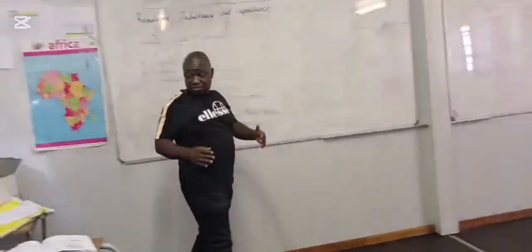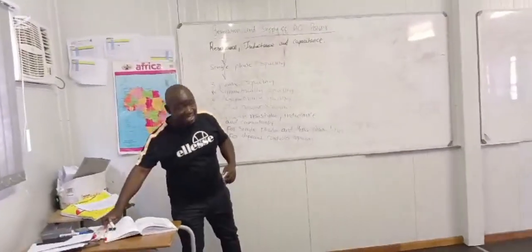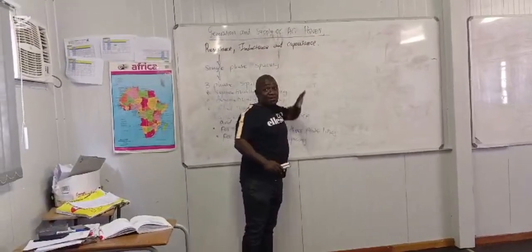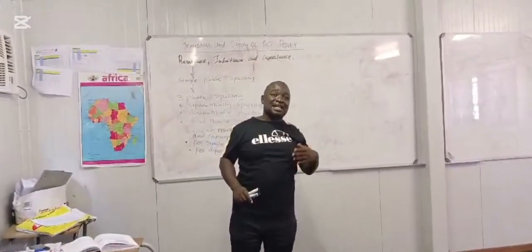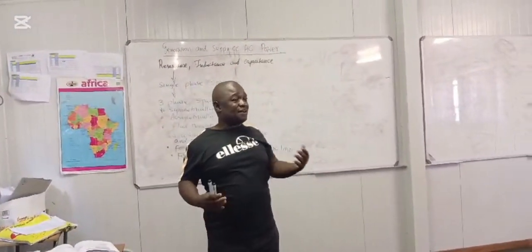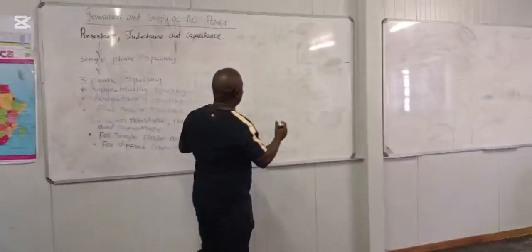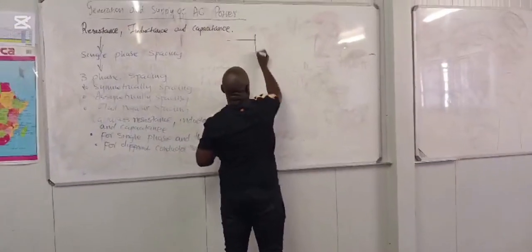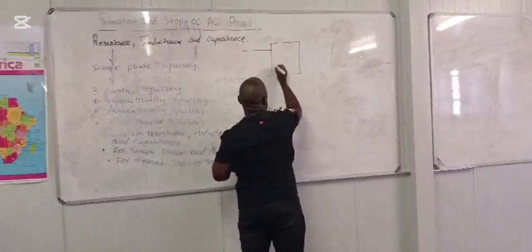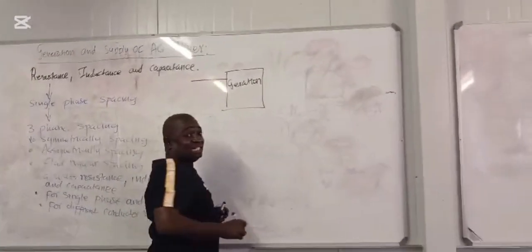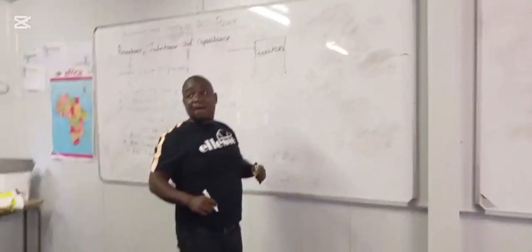Now, as we can recall, in South Africa the generation and supply of AC power is divided into 4 divisions. We start at the generating plant. This is the generation, where electricity is generated, the main hub.